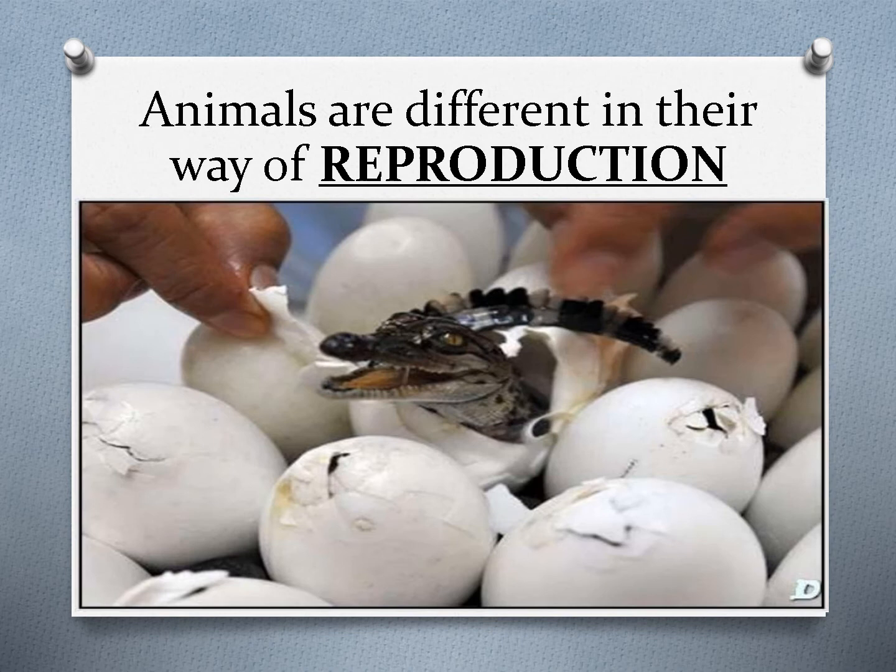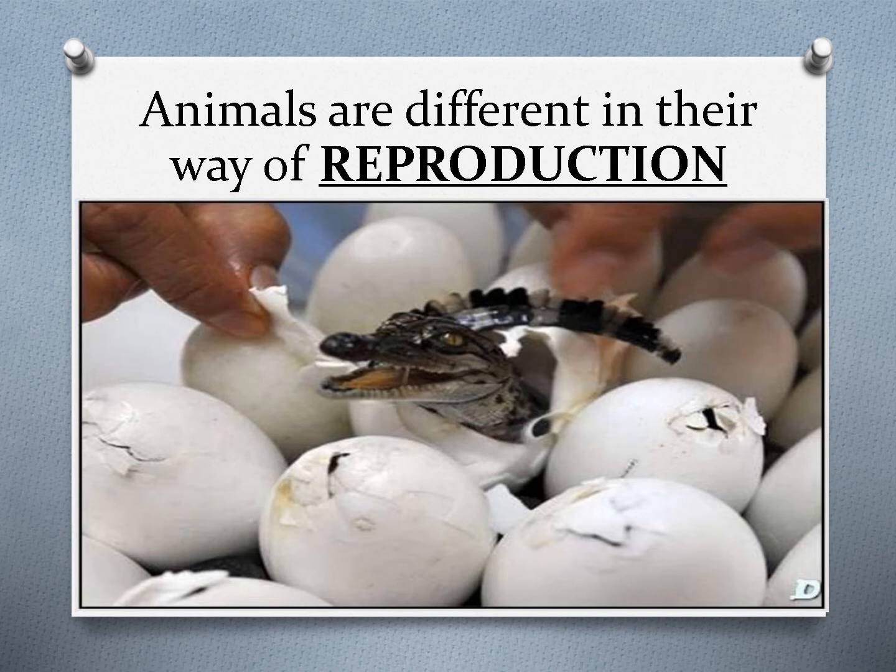Animals are also different because of their way of reproduction. Okay, what is reproduction? Reproduction is the process when animals make other animals of their own kind. Okay, they are going to reproduce their own kind.